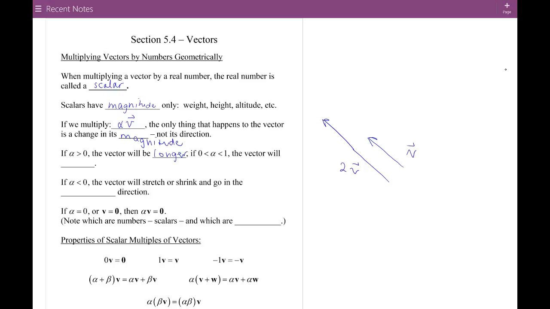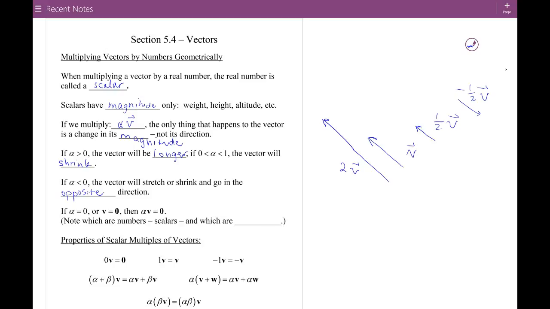If alpha is between 0 and 1, so here's the vector 1/2 v, same tilt, half as long, the vector will shrink. And if alpha is a negative number, the vector will stretch or shrink and go in the opposite direction. So here's the vector -1/2 v.